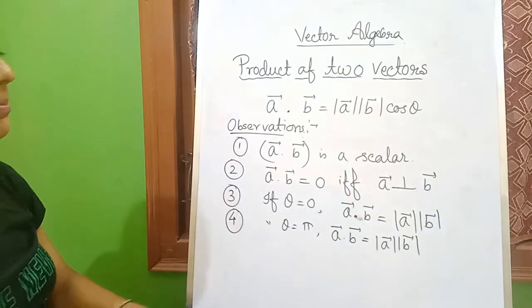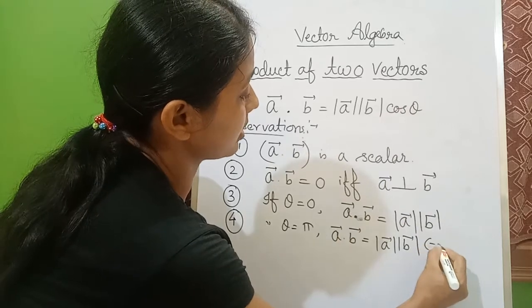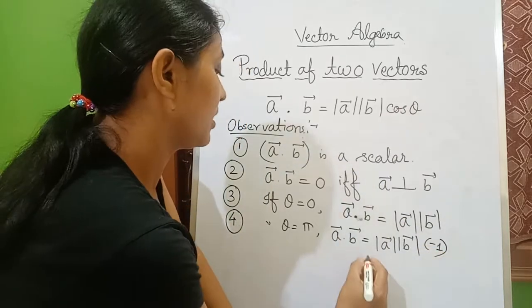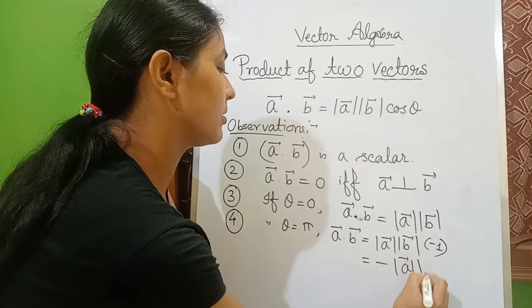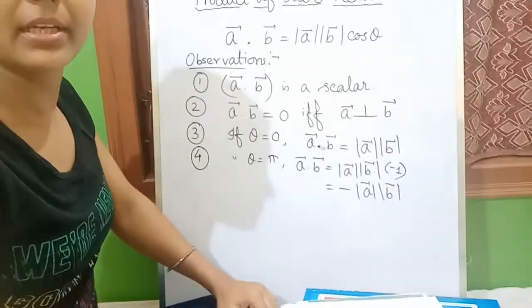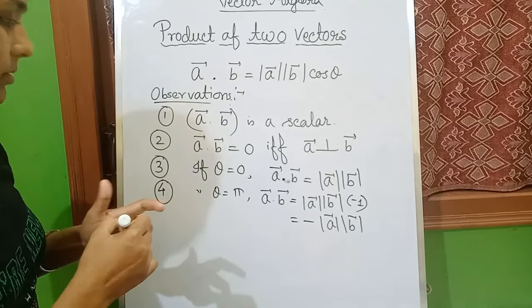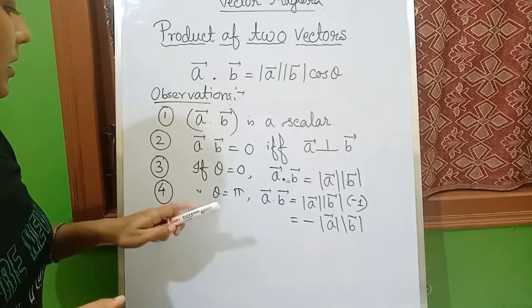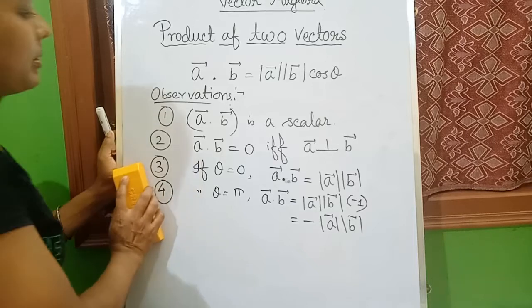Cos pi means minus 1. So we will write it like this: minus of mod a mod b. This is number 4.